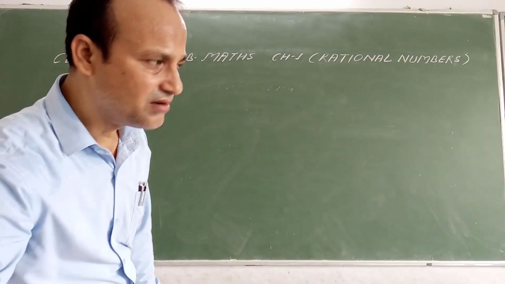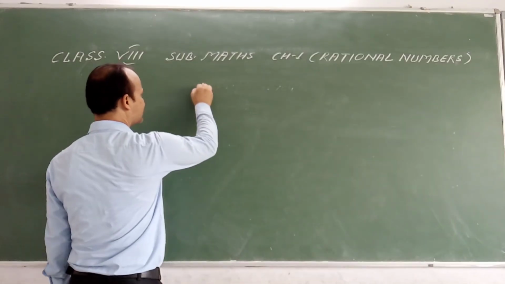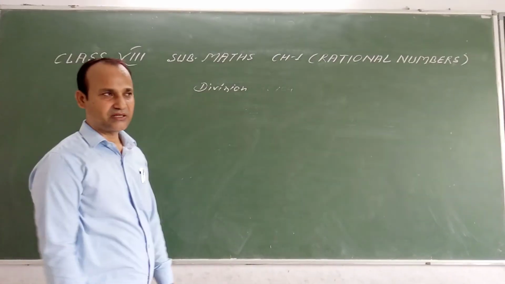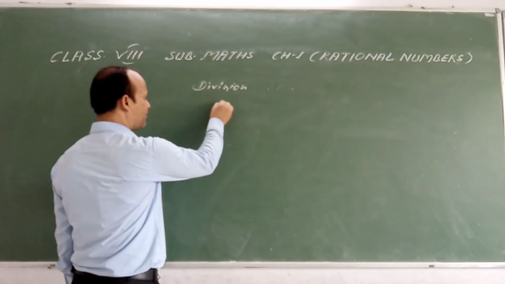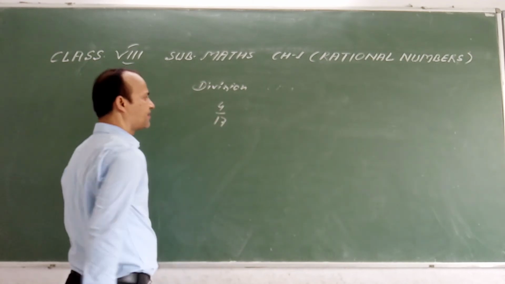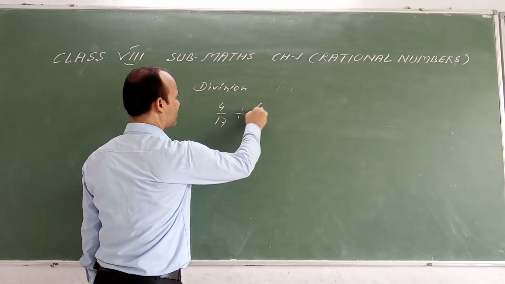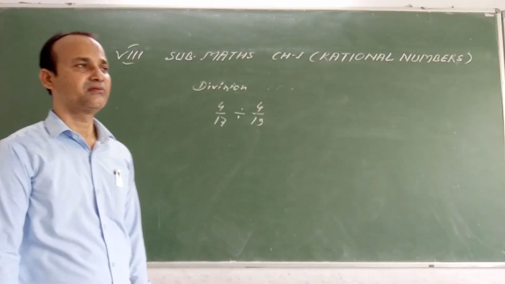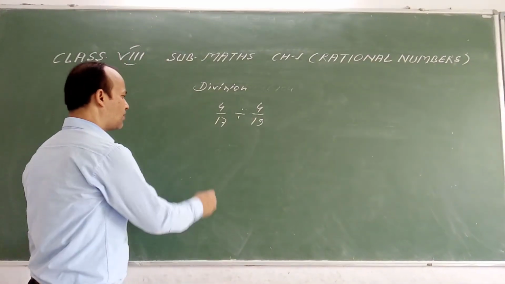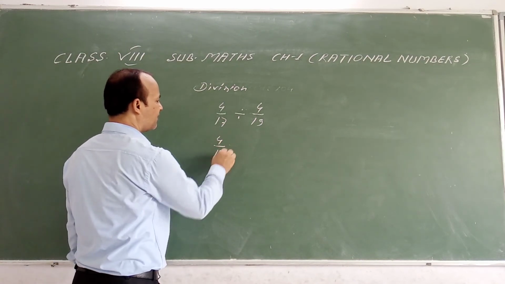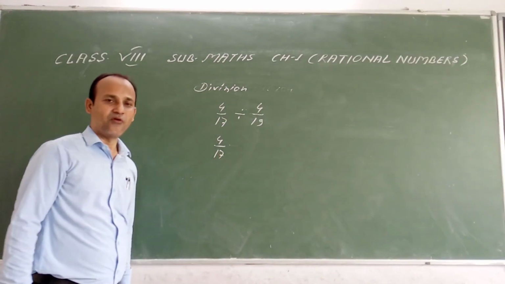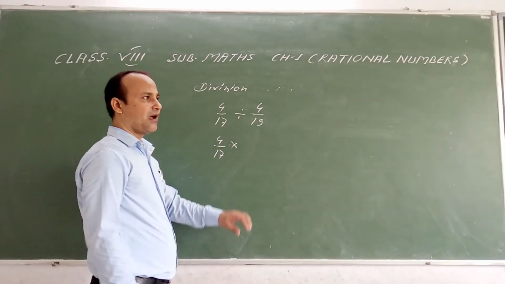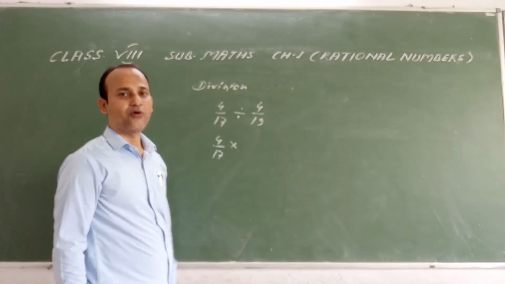Now next one is division. Division of rational numbers. How can we divide the rational numbers? Suppose 4 upon 17 is divided by 4 upon 19. How can we divide the number? So simple. 4 upon 17, when divided by 4 upon 19, we will put a multiply sign and write the reciprocal of the number 4 upon 19.